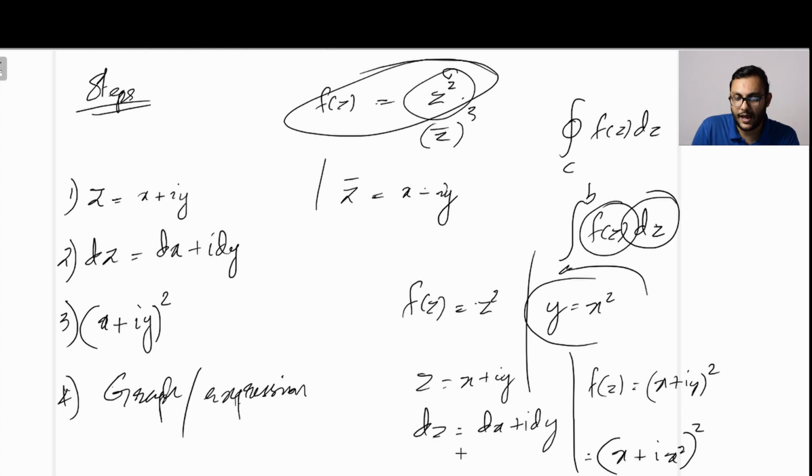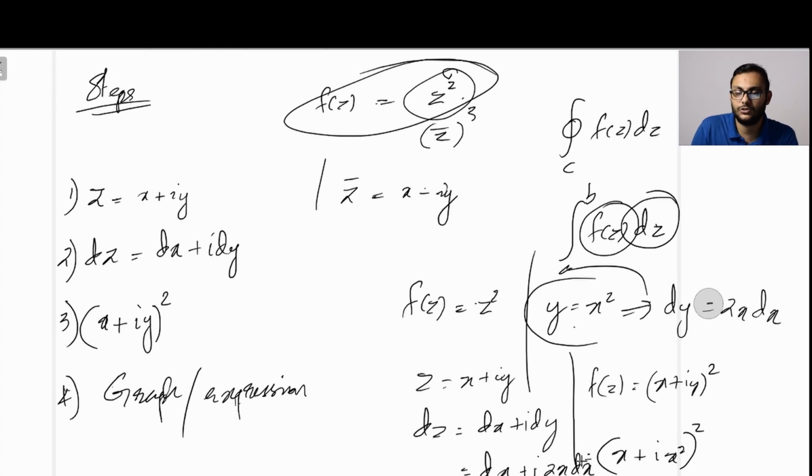Similarly, in the value of dz also, we have to substitute dx plus, what is the value of dy from here? dy is equal to 2x dx. Substitute the value for dy as 2x into dx, that is dx plus iota into 2x into dx.